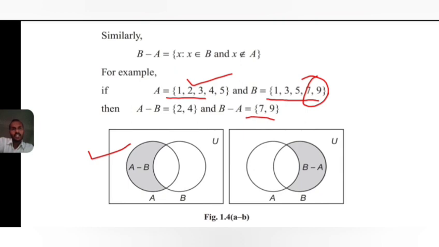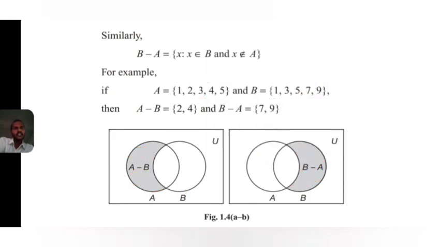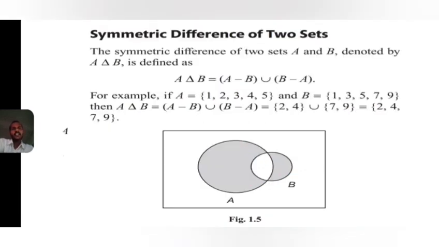For A difference B, the shaded region indicates the elements which are in set A only but not in set B, or not in common. Similarly for B difference A, the elements belong to set B only but not in common as well as set A, right? Now we move to the next slide, symmetric difference of two sets.